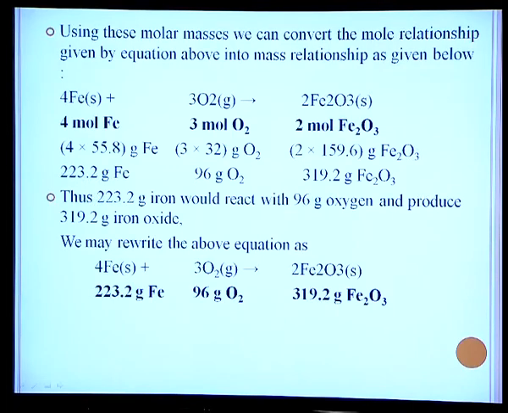Thus 223.2 gram of iron would react with 96 gram of oxygen and produce 319.2 gram of iron oxide. We may rewrite this equation as 4Fe solid, that is 223.2 gram, 96 gram of O2 and 319.2 gram of Fe2O3.